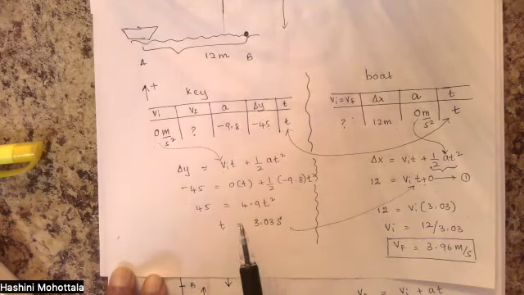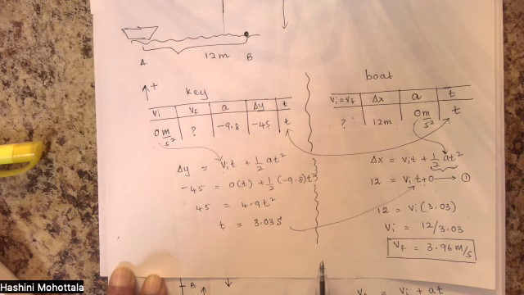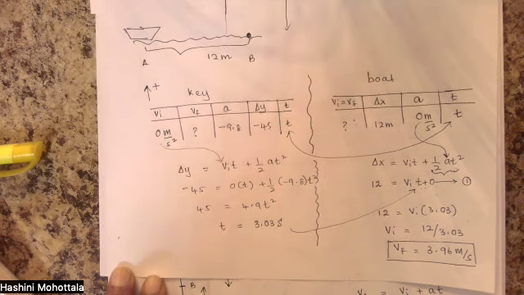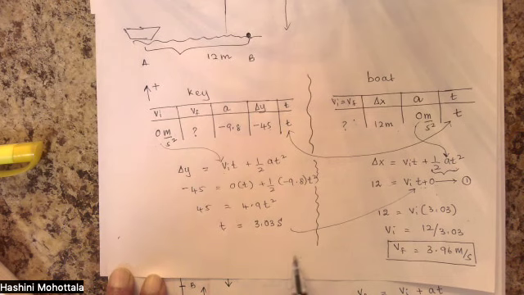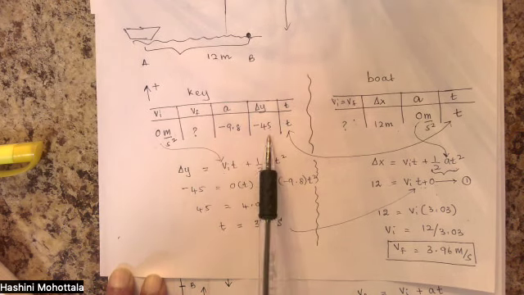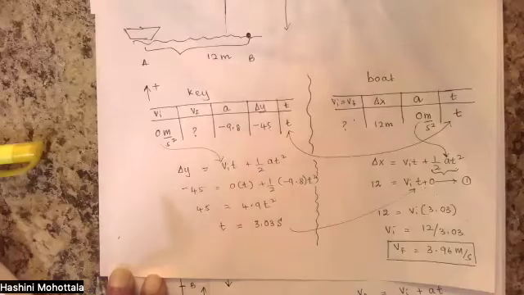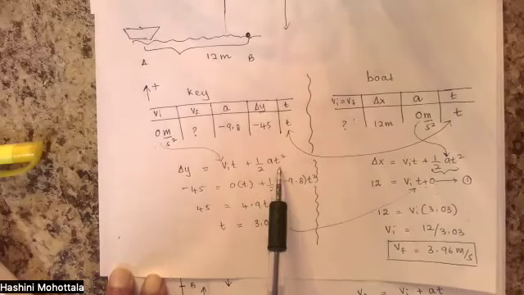Understanding that the time is equal for both motions is very important. Otherwise, you won't be able to even start this problem. Partial credits will be given for every little thing, like setting up the table, and choosing the correct equation.